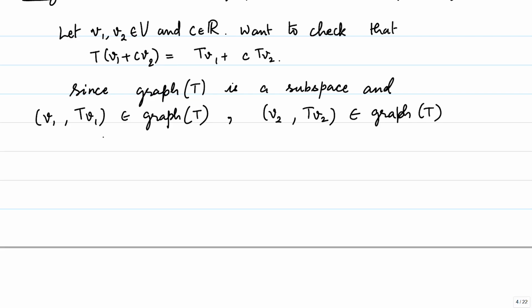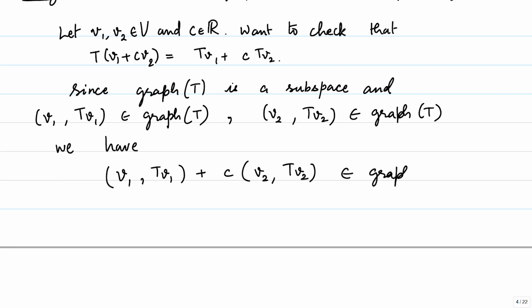Since graph of T is a subspace, we have (V1, TV1) plus c times (V2, TV2) belongs to graph of T. This is exclusively because graph of T is closed under scalar multiplication and vector addition.